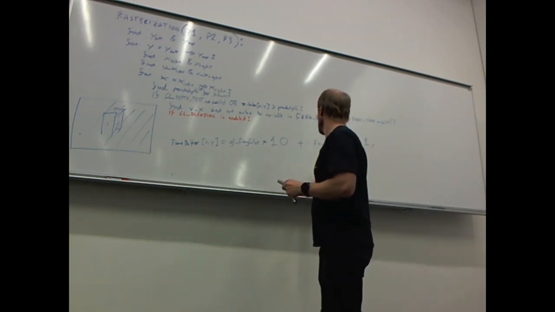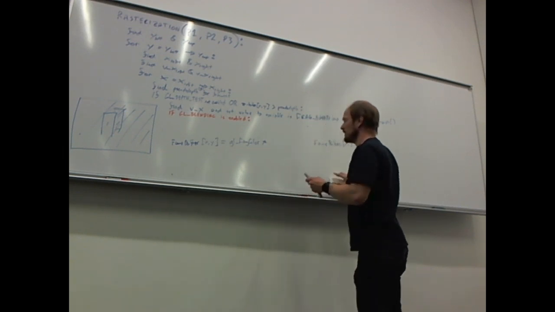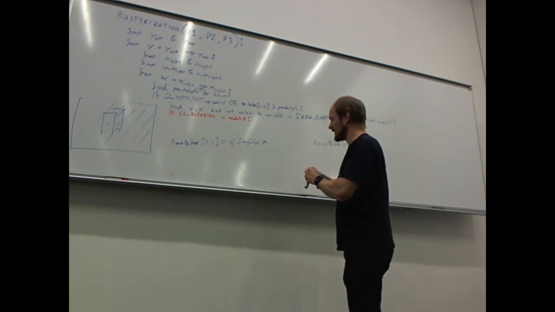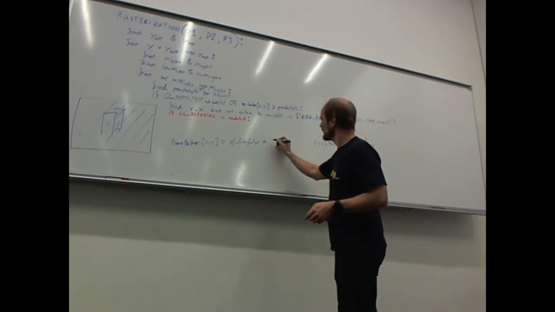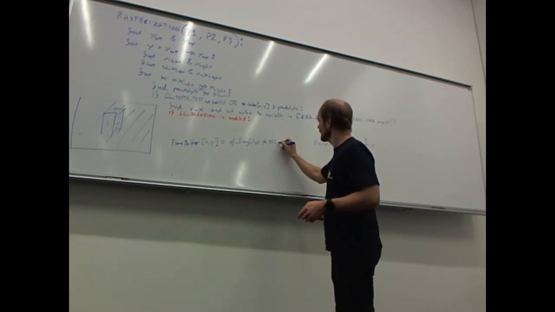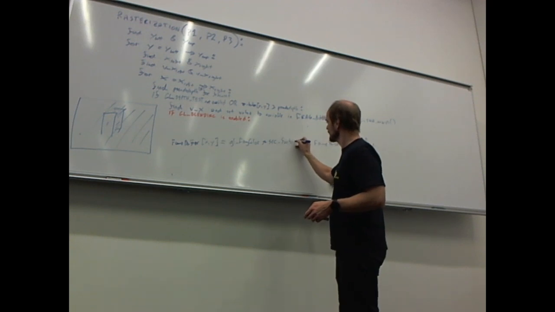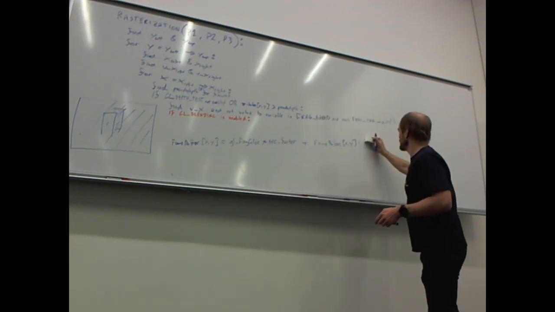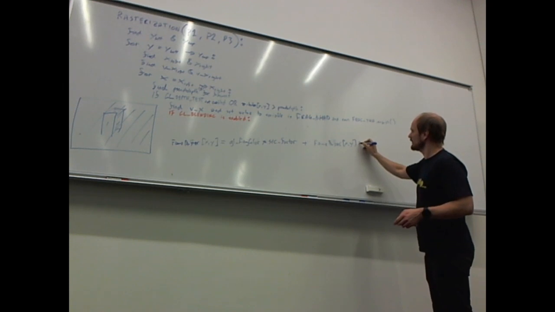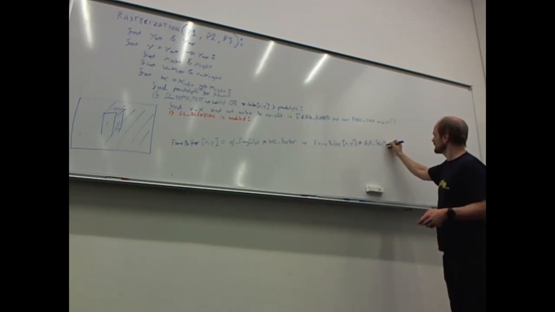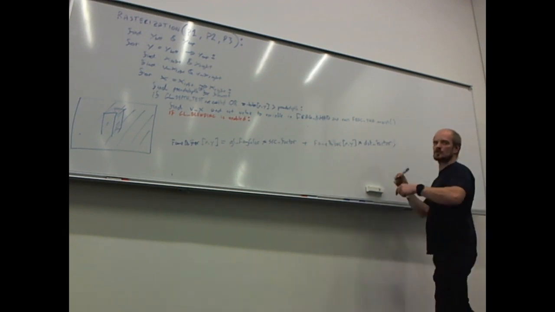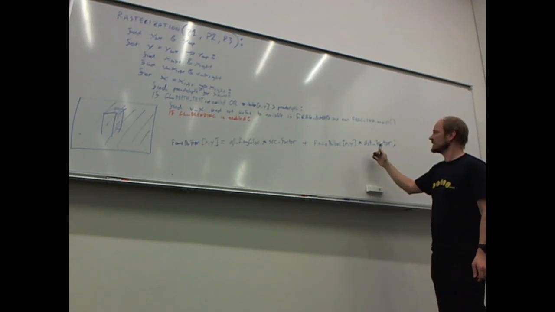So I'm simply going to say here, all right, I'm going to put something in here that I'm going to call the source factor. And I'm going to put in something here that I'm going to call the destination factor. So I'm multiplying this with some source factor, I'm multiplying this with some destination factor.